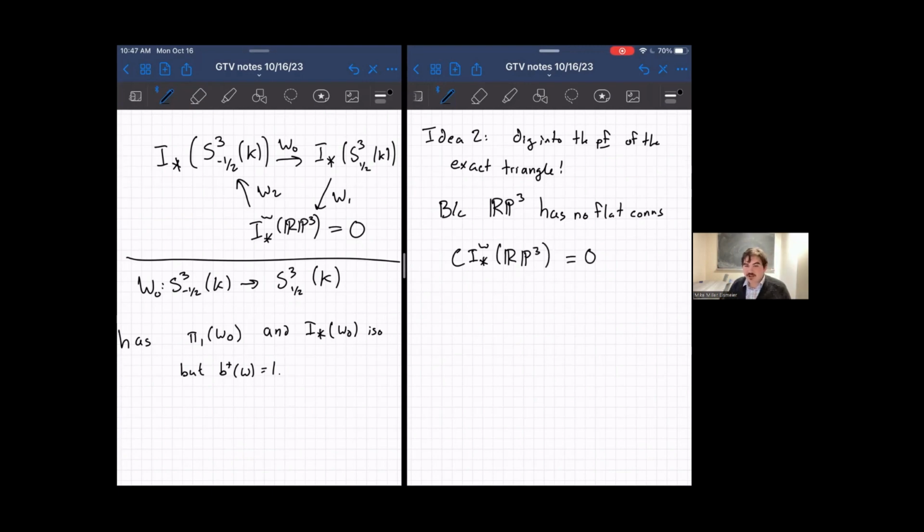The instanton chain complex of RP3 is 0. Normally, what the proof of the surgery triangle does is it shows that this composite is null homotopic. It gives a chain null homotopy of that composite.